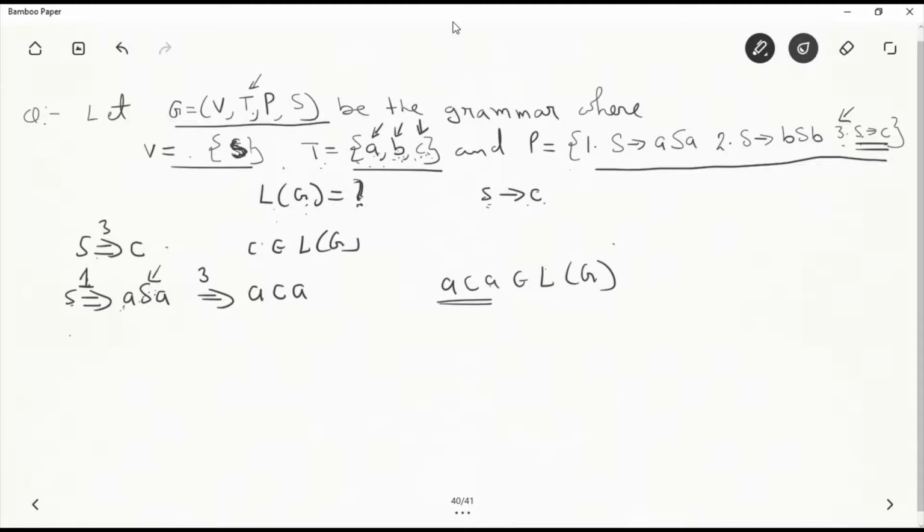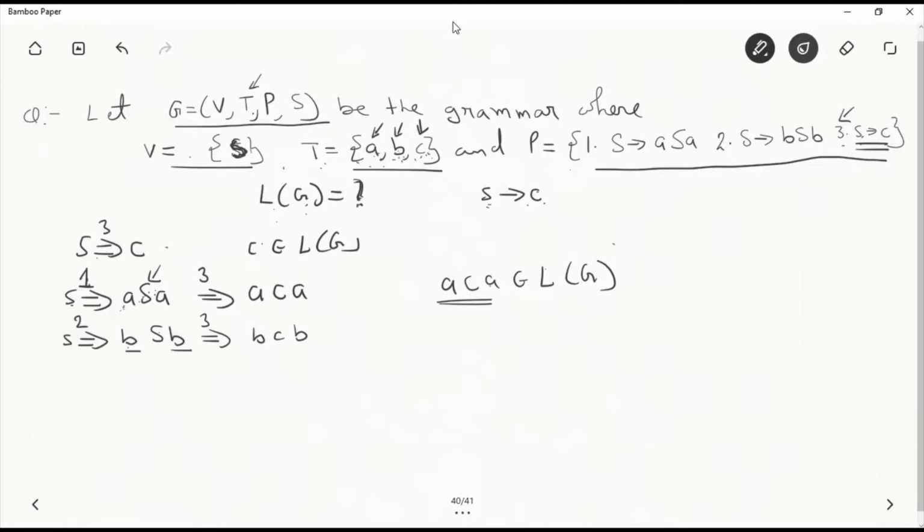Again, just try to use the second production, that is BSB. Again, a combination of terminal and non-terminal is appearing, so we want to use the third production rule, that is BCB.